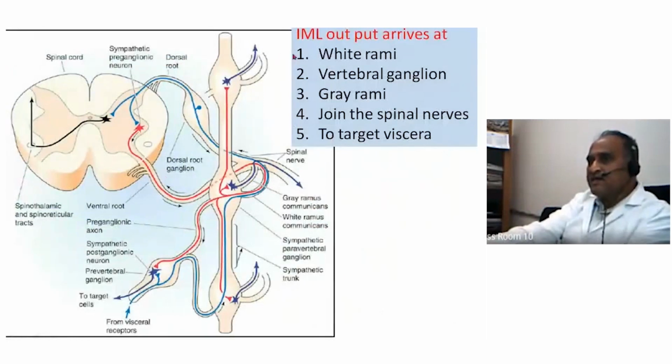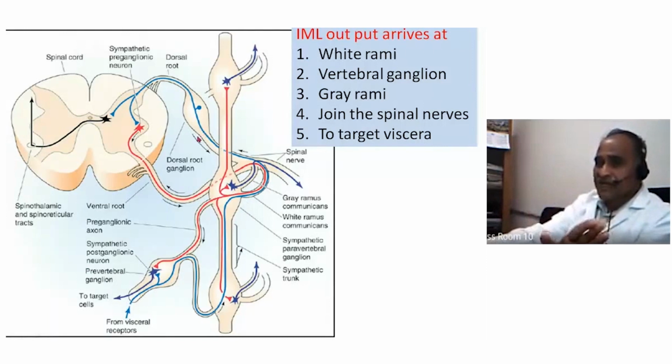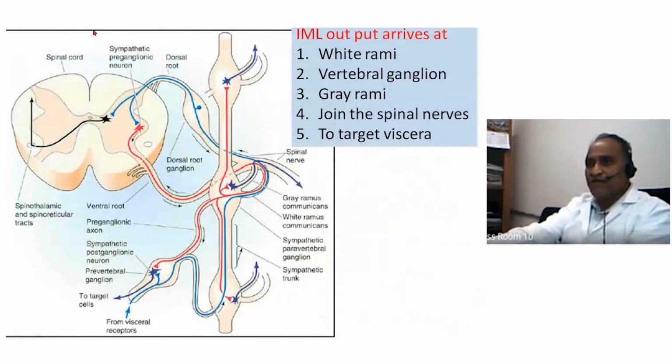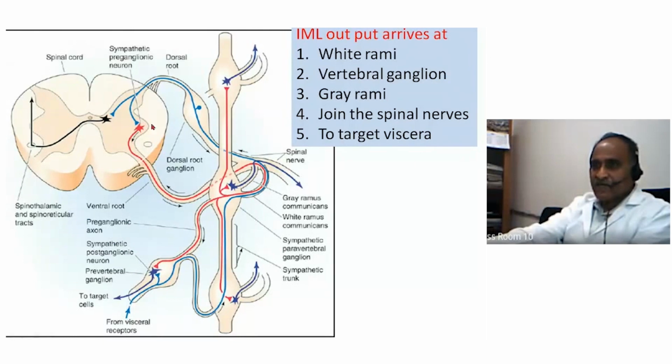Now the same thing here. I have taken it from Ganong, and look here, this is a more complex diagram, because first I started with a simplified diagram. So what is happening here, this red one is your sympathetic from the intermediolateral horn.